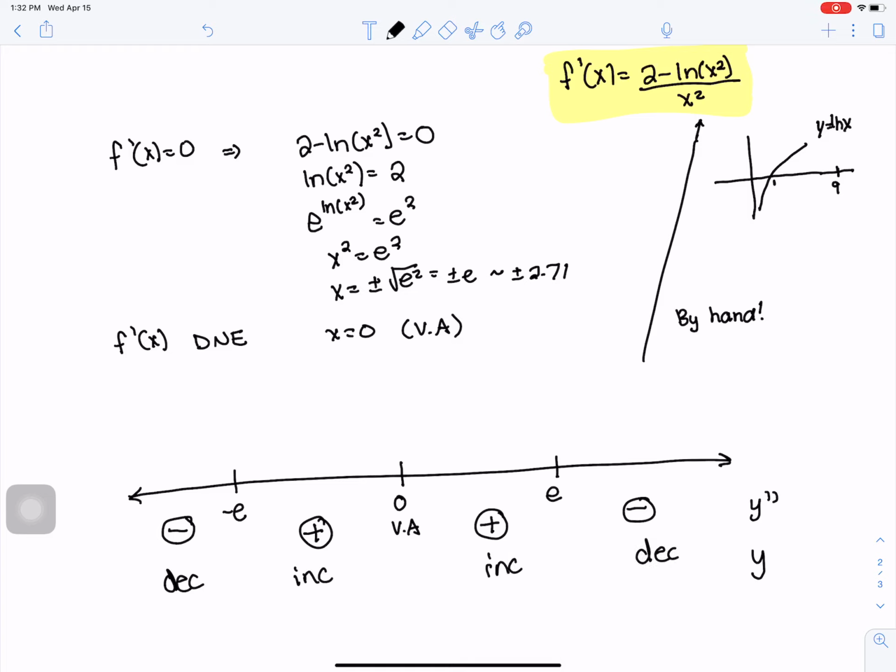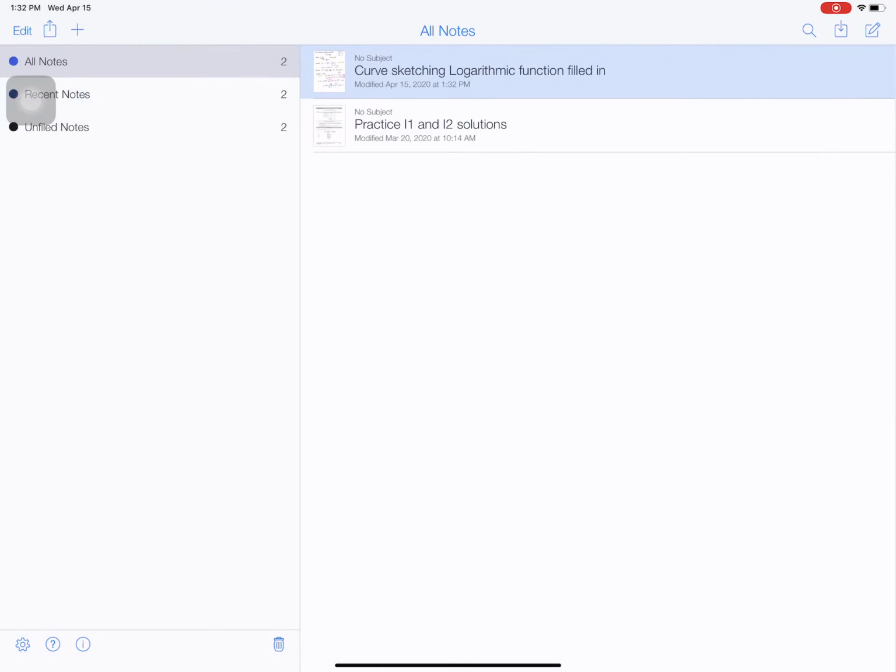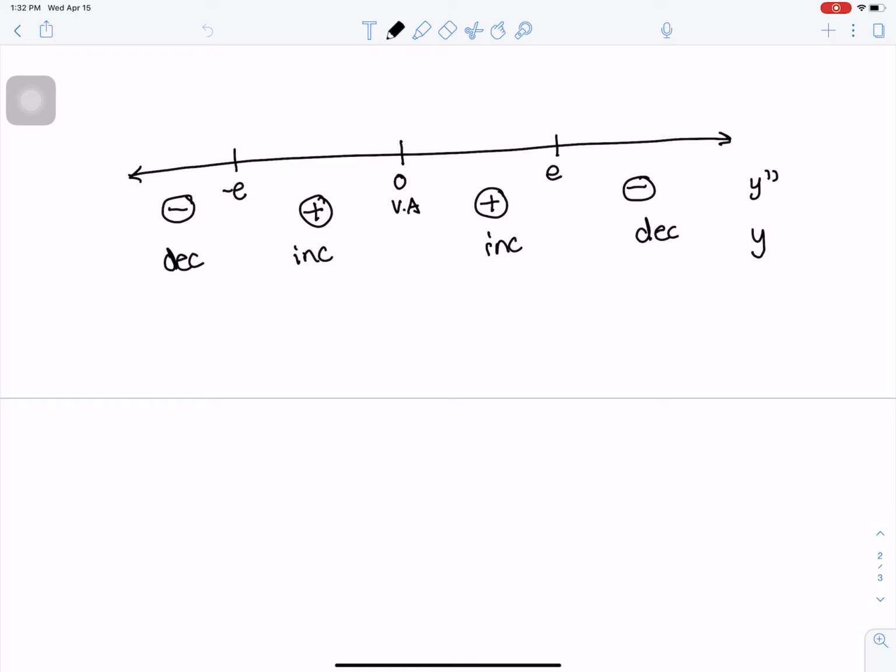So let's write our sentences down for what's happening. So f of x is increasing on the interval negative e to 0 union 0 to e, because that derivative is positive.